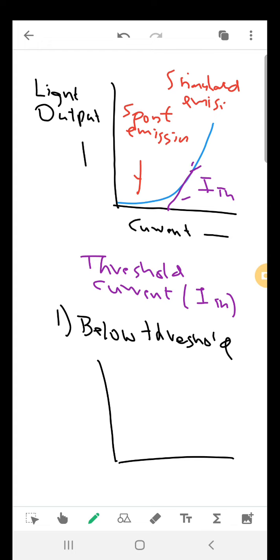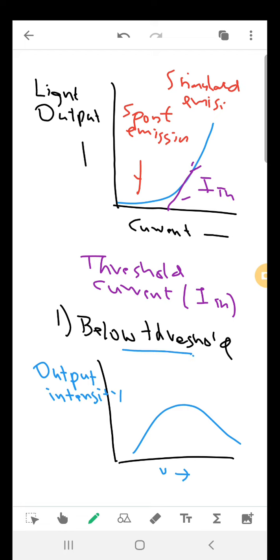The plot is like this. This is output intensity, and this is frequency nu. So this is below threshold.